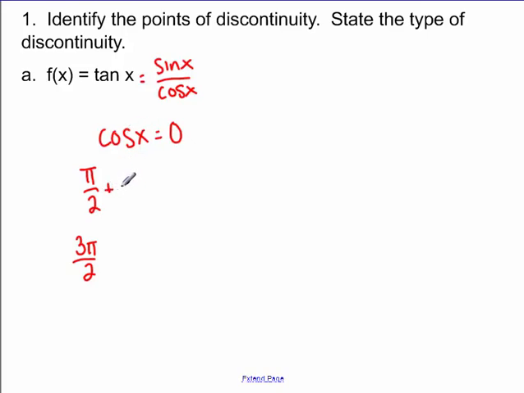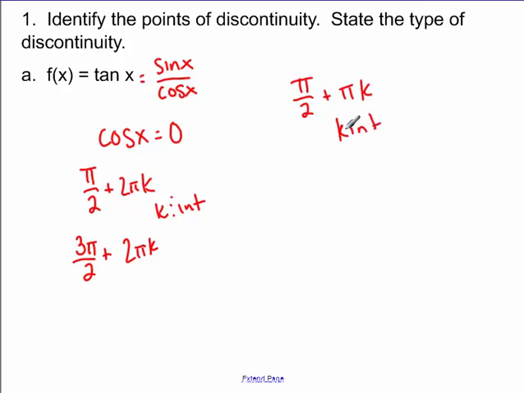Cosine repeats every 2 pi k, so you could write it like this, where k is integers. Or remember, you know when tangent has vertical asymptotes: at pi over 2 plus pi k, again, where k is integers. So either one of those answers would work.